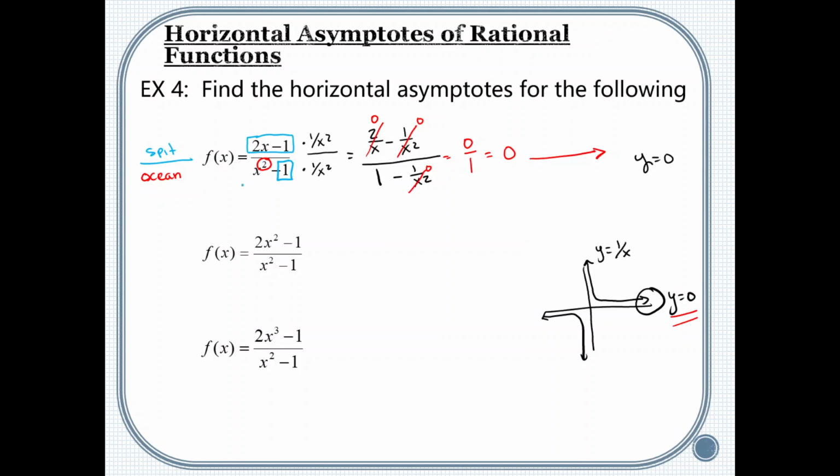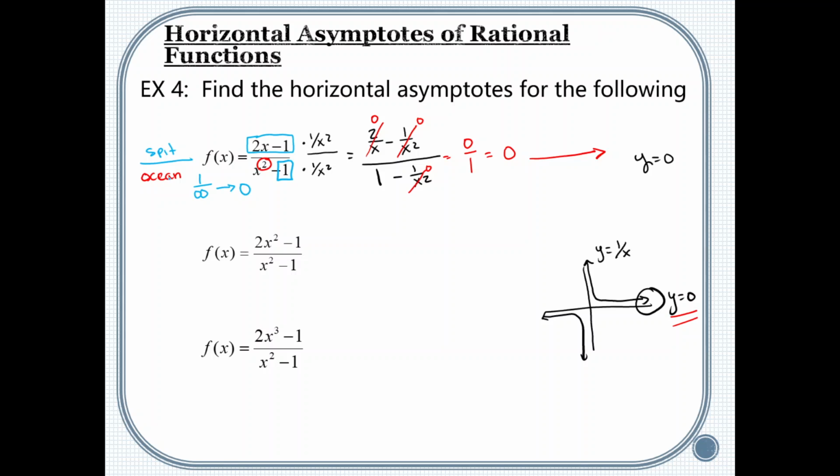So as x goes to infinity, as x gets huge, becomes a million, a billion, a trillion, a quadrillion, basically the spit over ocean becomes 1 over infinity, which will tend towards 0.